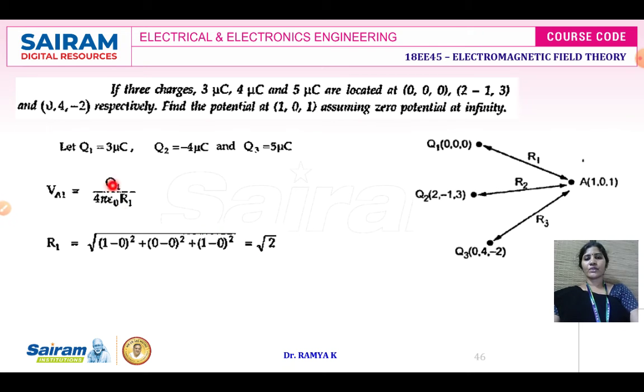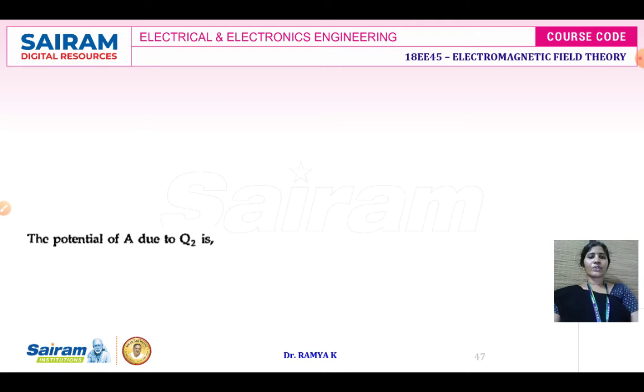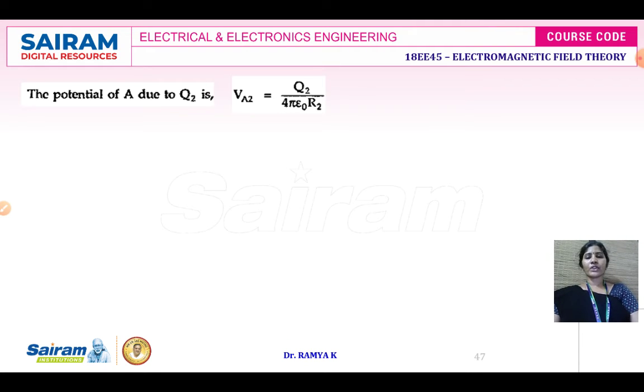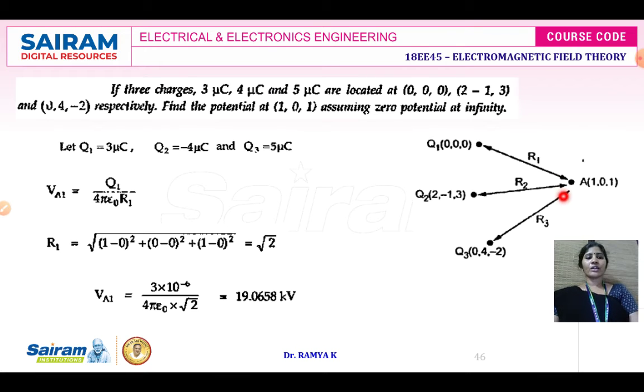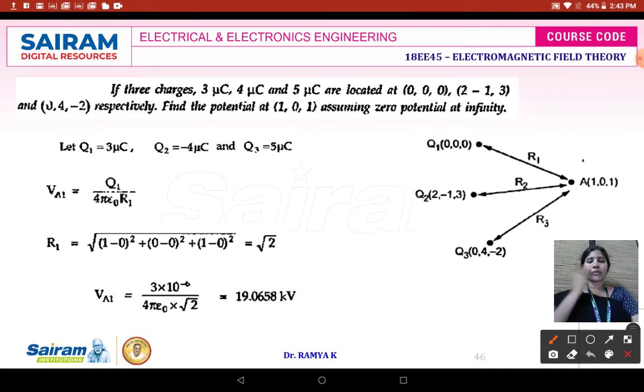Substituting R1 is equal to root 2 and Q1 is equal to 3 microcoulomb, you will get VA as 19.0658 kilovolt. The same needs to be applied for obtaining the potential at point A due to Q2. The distance is R2, which can be identified as the root of effect distance minus cause distance.